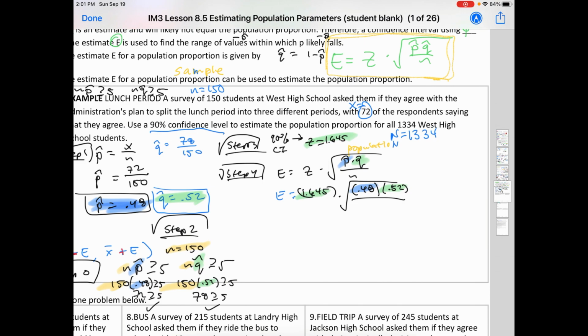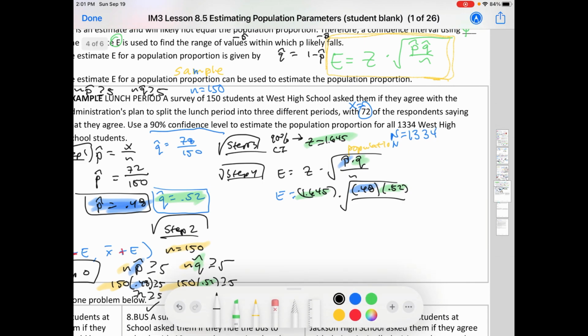And the n value, where'd you go? Come back. Our n value is 150. Okay, so take a picture, then I'll put it in the calculator with you.